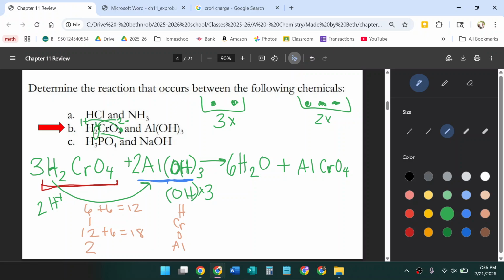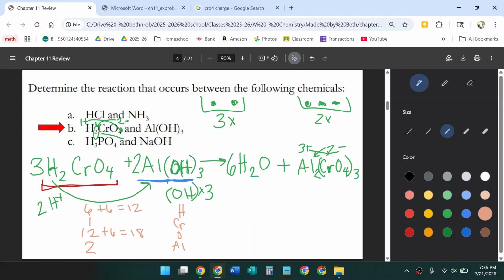So it's 2-. So I can tell that the CrO4 is probably a 2-, but I looked it up to just be sure. So we have a 2- here, and aluminum is a 3+, and so when we put them together, we have to swap those. So we get a 2 here, and then this has to go in parentheses because the whole thing gets a 3. So now we can count the other side.